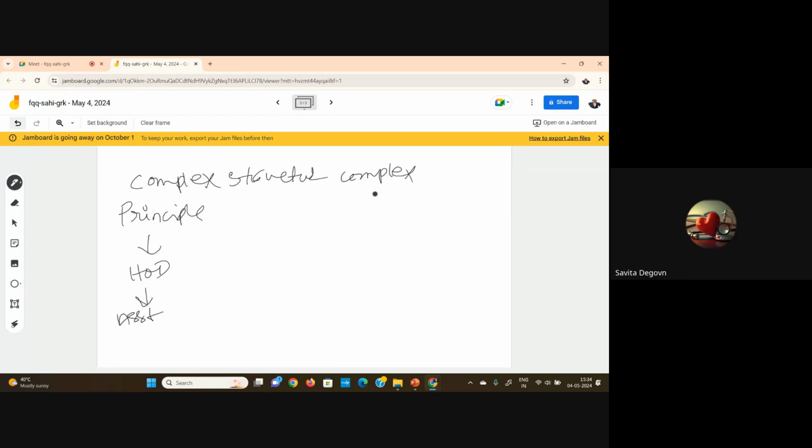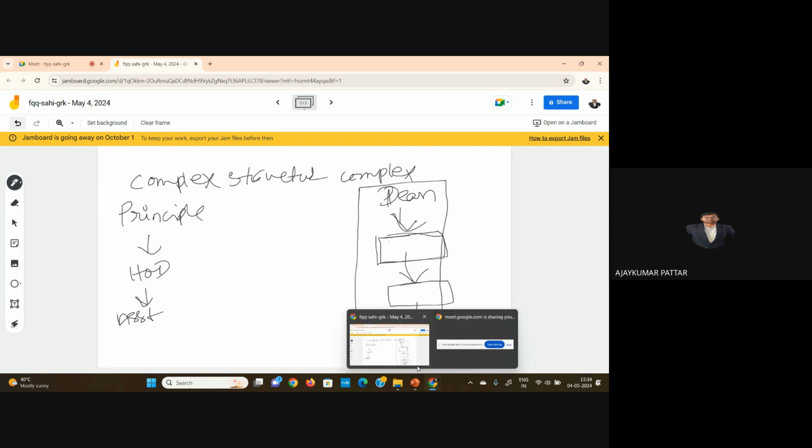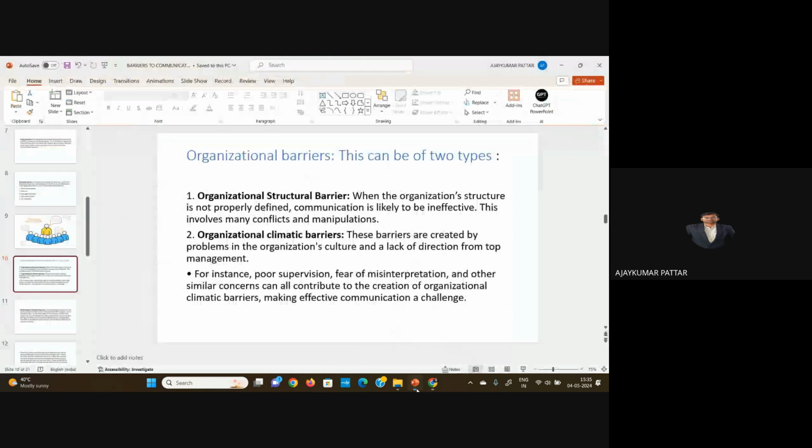But if someone authority is created under the dean, and under him another authority is created, then it comes to the HOD, then it comes to the assistant. So if you complicate the structure of the organization, that is also a barrier for effective communication. Whether you understood this thing, organizational barriers or not?